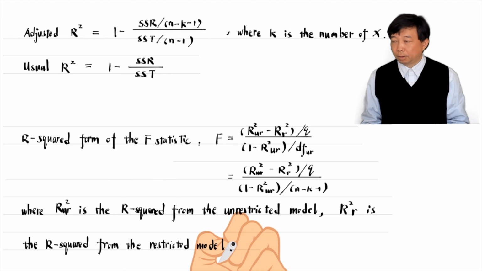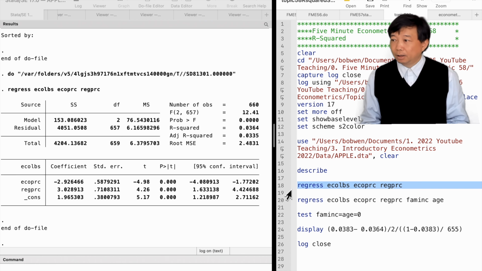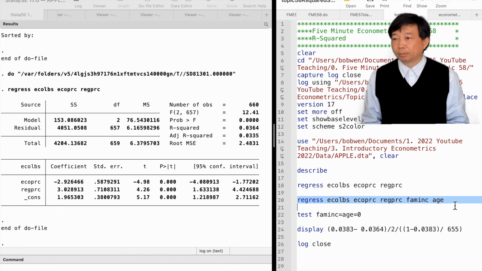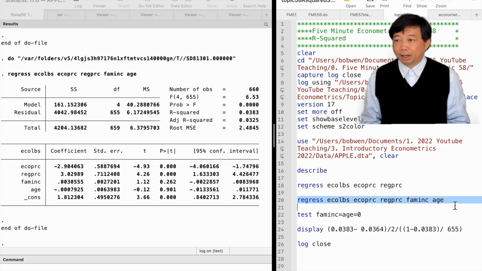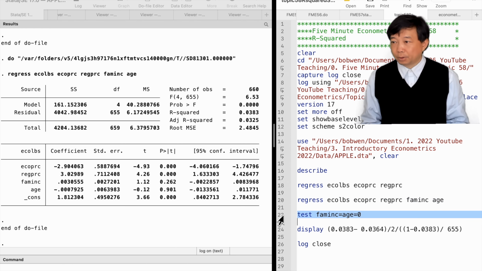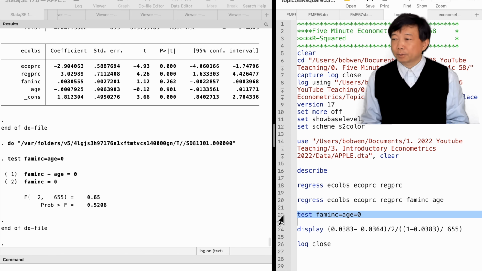For example, in our regression, we add the family income and customer age to the model. The F-statistic for the joint significance is 0.65 and the p-value is 0.52. So the income and age are jointly insignificant at any traditional level.